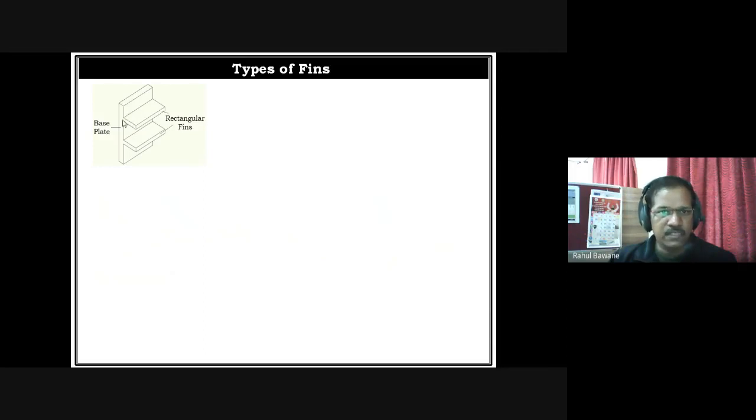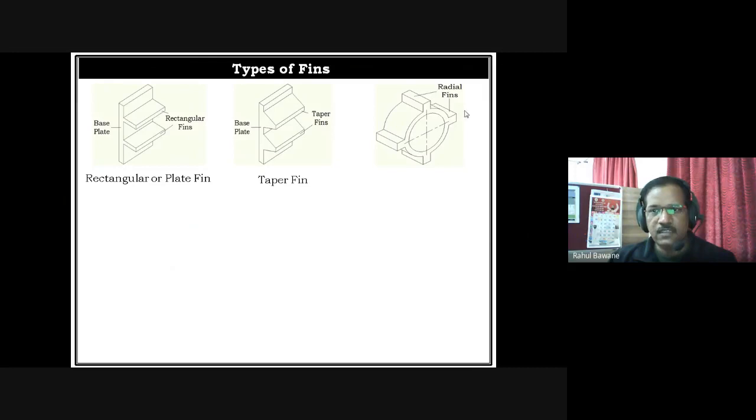There is no taper, it is simply flat. So this is a rectangular kind of fin. Then the second type is taper fins, where we provide a taper throughout the height of the fins. I am saying height because from base to tip, this is called the height of fins.